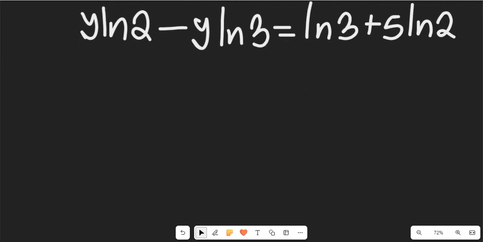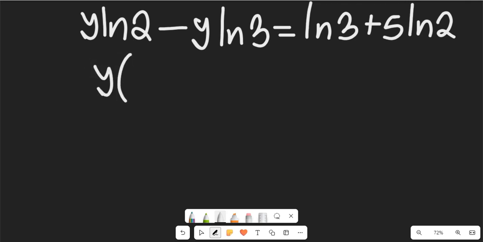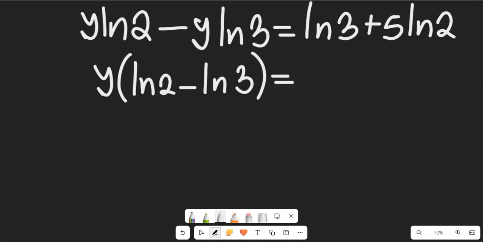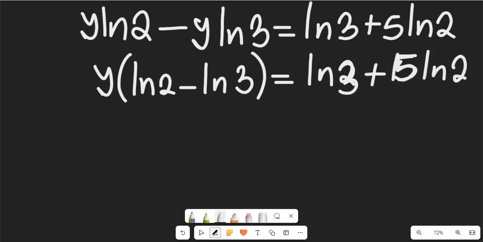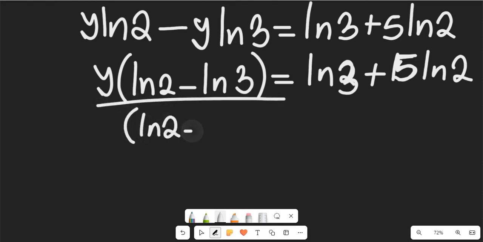From the left hand side, y is common, so what I'm going to do is to bring out y, and this will give me the natural log of 2 minus the natural log of 3, and this will be equal to the natural log of 3 plus 5 multiplied by the natural log of 2. Great. Now to find the value of y, I'm going to divide both sides by the natural log of 2 minus the natural log of 3.